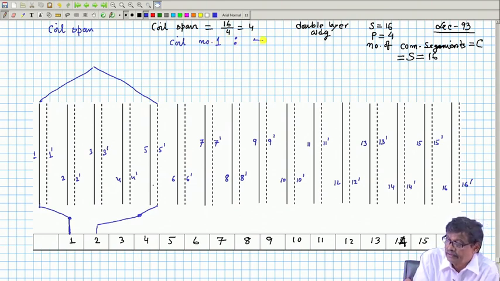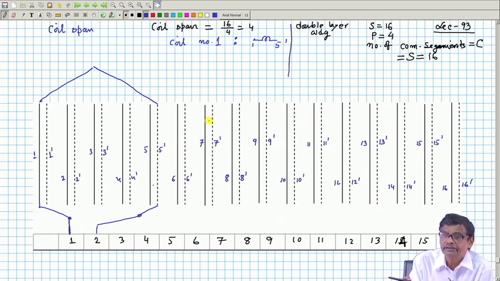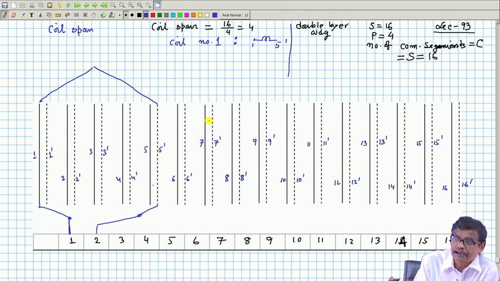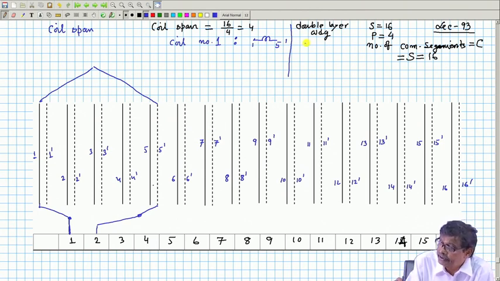If I draw it like this, 1 and 5 dashed. In case of DC machine, another information it is better to keep track of is that these coil ends are terminated in which commutator segments. I will write side by side: 1 has been terminated to commutator segment 1 and 5 dashed has been terminated into commutator segment 2.